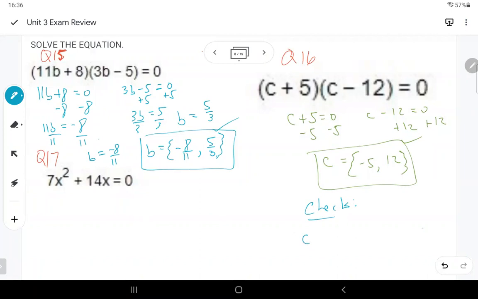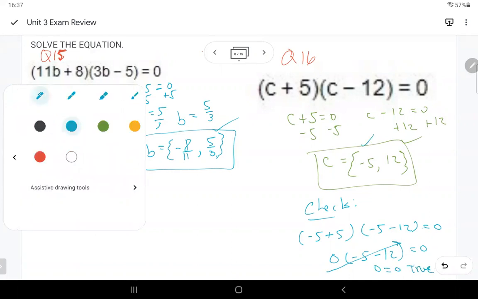If we plug negative 5 in for c, this one doesn't matter because this becomes 0, and anything times 0 is 0. So 0 equals 0. So it's true. So that first one checks. The same would work for the other option.